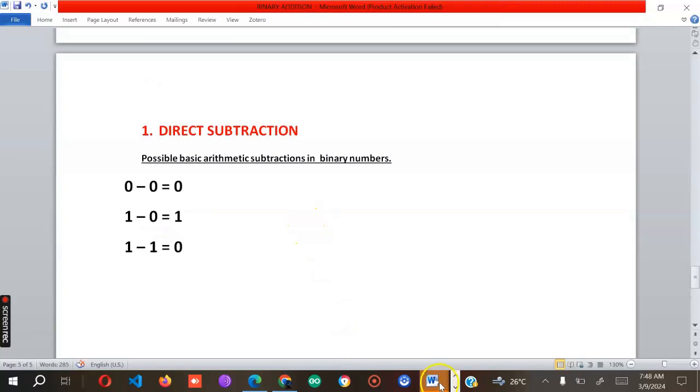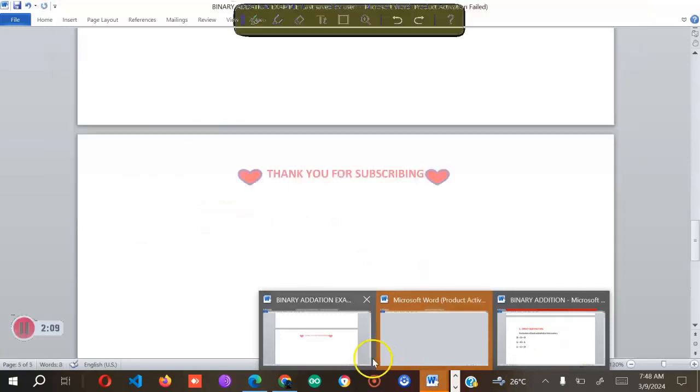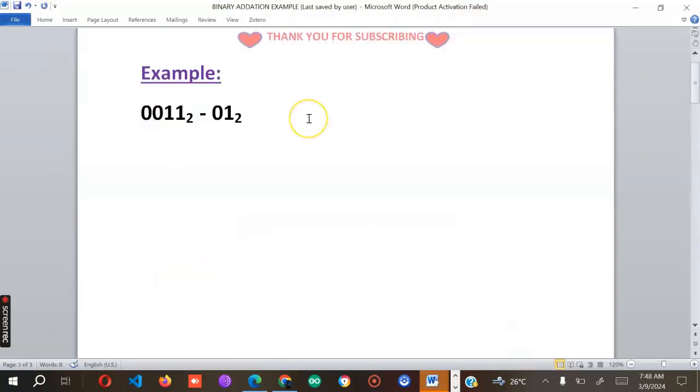Okay, having done that, let's move now to the example so that you can practice using the principles that we have highlighted here. So we have our first example where we have 0, 1, 1 base 2 minus 0, 1 base 2. So we are supposed to subtract this one from the other side.